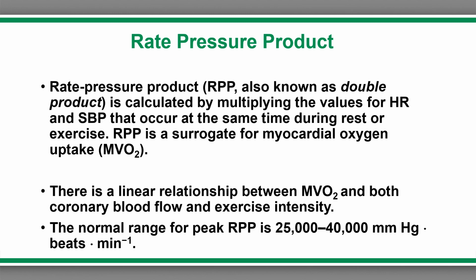And so when you have a real high heart rate and elevated systolic blood pressure, that means that you've got greater oxygen demand. So the relationship between the peak RPP is 25,000 to 40,000. It'd be fun if you figure out your own and see what that value looks like.